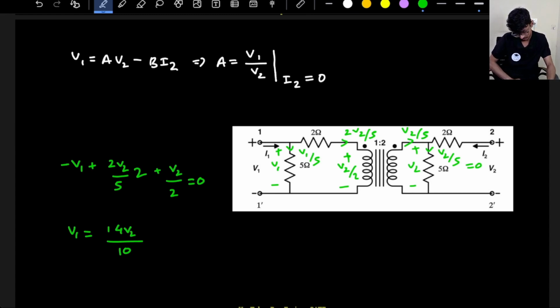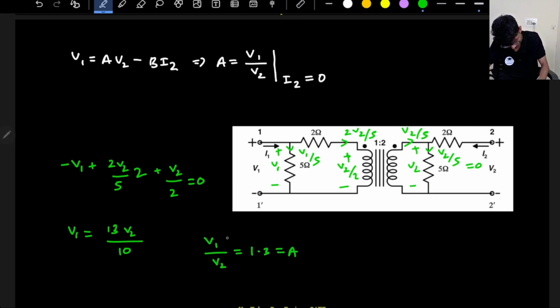I'm just checking whether I'm making any mistake or not. V2 by 5 is here, V1 by 5 is here. What will be this current? This voltage will be 2 times that. Yes, this is V2 by 5, so this will be 2V2 by 5. This drop will be 4V2 by 5. So 4 into 2 is 8, 8 plus 5 is 13. Sorry, 13 by 10. So V1 by V2 will be equal to 1.3.